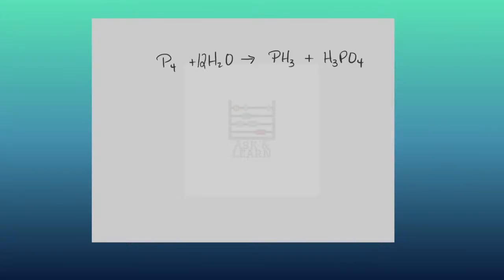So if we put 12 there, then the phosphorus is the last one we're going to balance. If I put a 12, then I need to come up with a way to get 24 hydrogen on the right-hand side.